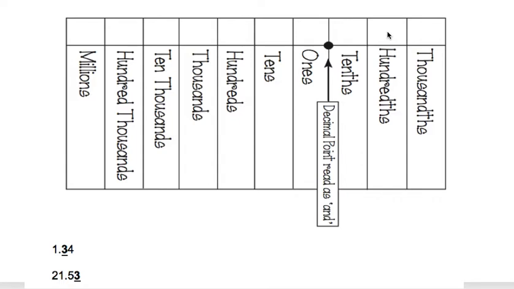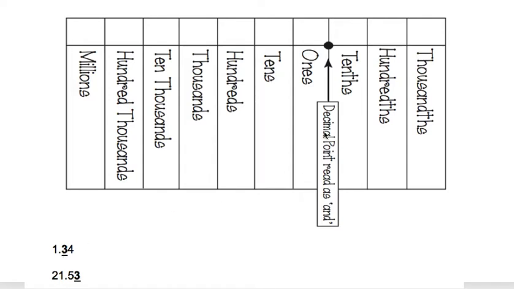Now, we are comparing the value of the 3 in these two numbers down here. So how does this 3 in 1/3400 compare to the 3 in 21/5300? One thing you can do is look at where the number is in relation to the other number that you're comparing it to.